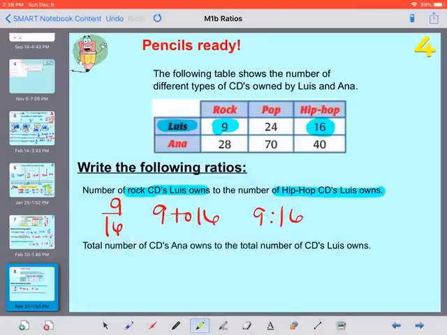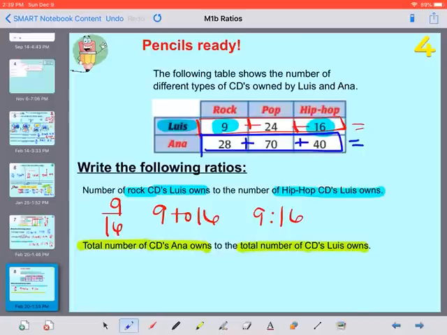Next to last question here, we have total number of CDs Anna owns to the total number of CDs Luis owns. So if it says that word total, you need to add them all up. So here are all of Luis's. We can add those up, 9 plus 24 plus 16, and then add up Anna's as well, 28 plus 70 plus 40.